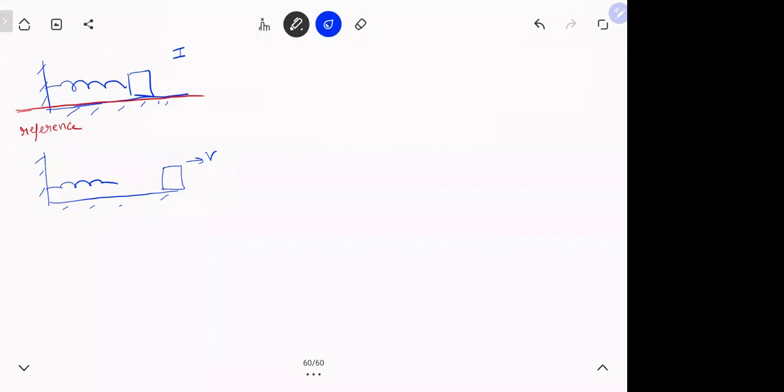Initially it is compressed by how much? Gravitational potential energy is 0. Spring potential energy is half k x square. So it is half, k is 100, x is 0.1 square. So that's half joule. Kinetic energy is 0 because you're starting from rest.